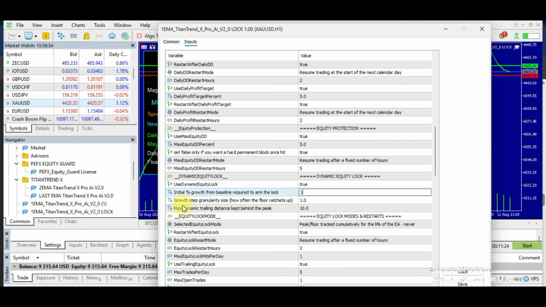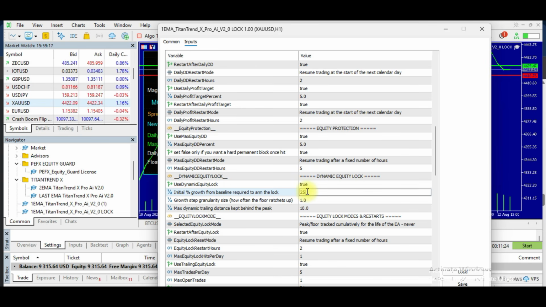Now the third one is the max dynamic trailing distance kept behind the peak. It peaks at the rate of 25% here. It has grown up to 25%.